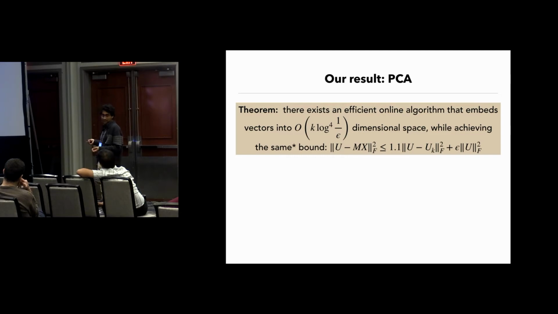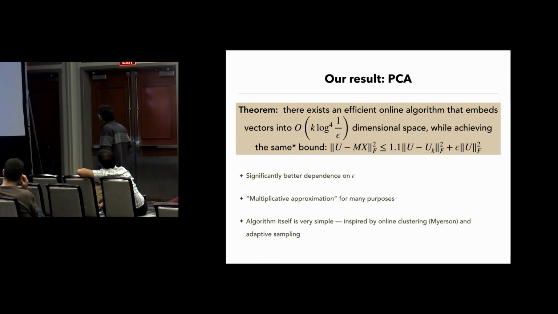So there is still this additive term, but you get only a polylog dependence on this additive term. There is also a small 1.1 here, which if you are careful, you would notice. That is not very important; you can bring it down as much as you want. So this has a significantly better dependence on epsilon, like I was saying. And if you think about it, this is a multiplicative approximation for many purposes, right? Often your ratio of the best error to this will not be too tiny.